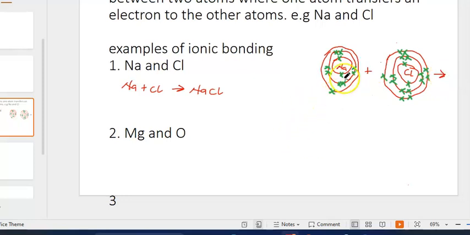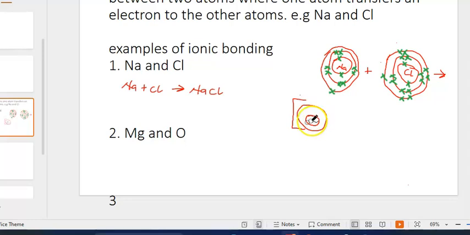Now this sodium is going to lose 1 electron for it to be stable. So this sodium is going to be a stable sodium. That means the number of shells will be reduced for sodium, because the 1 electron is going to be removed.